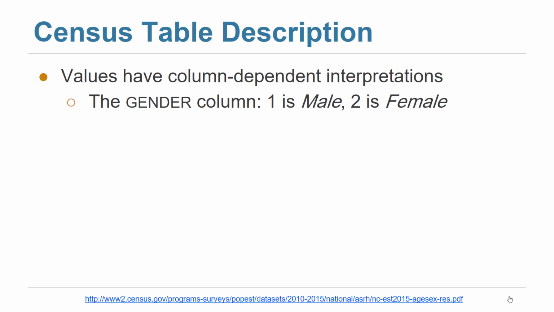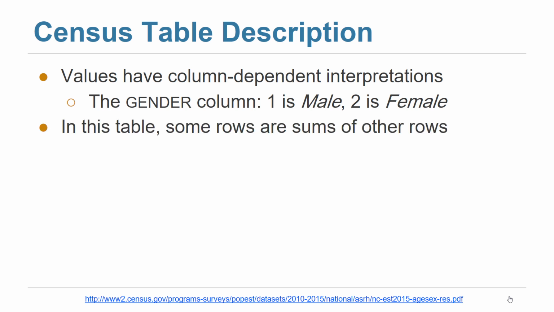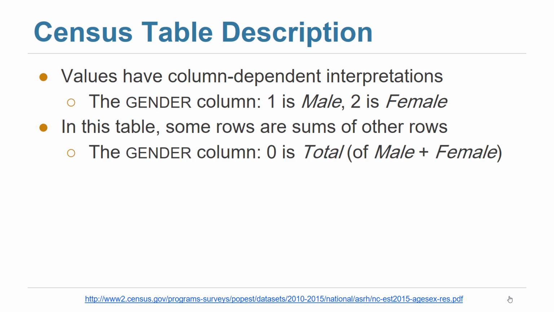Here's a description of the table that we will play with. The first column is called gender, and as we saw earlier, it actually has 3 values: 1 for males, 2 for females, and as we will see, also 0. 0 means the total of them.